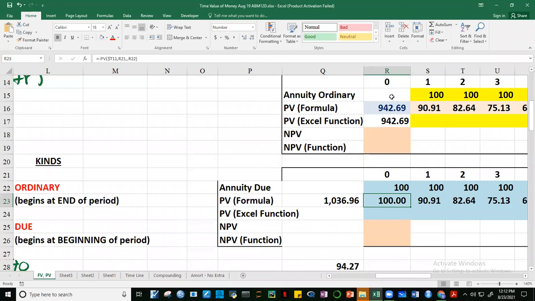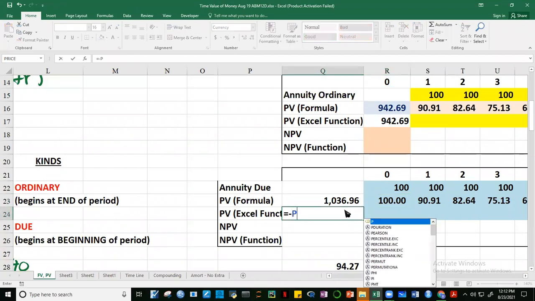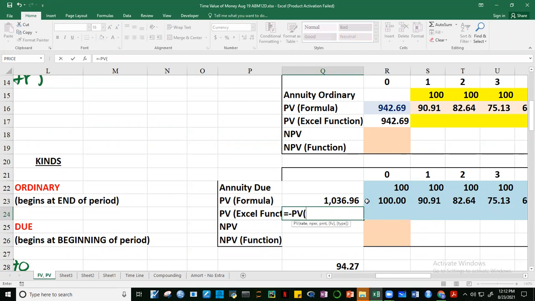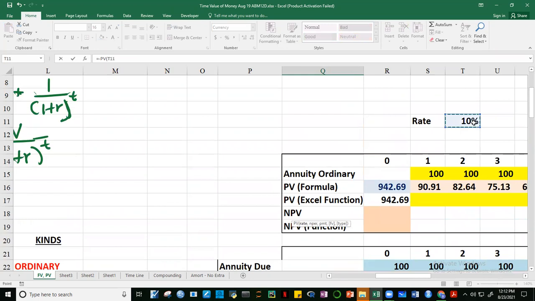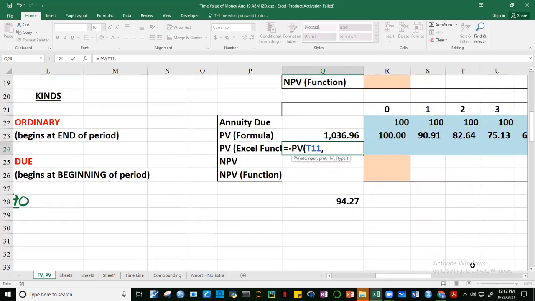Dito wala. Okay, and then if we use the PV function of Excel, negative PV, gagamitin natin yung annuity. The rate is 10%, comma, n per natin, ups, dapat nakafix to. Ay, no, sorry. Not needed kasi isang formula lang to. No need to fix anything. I'm not going to copy this formula.